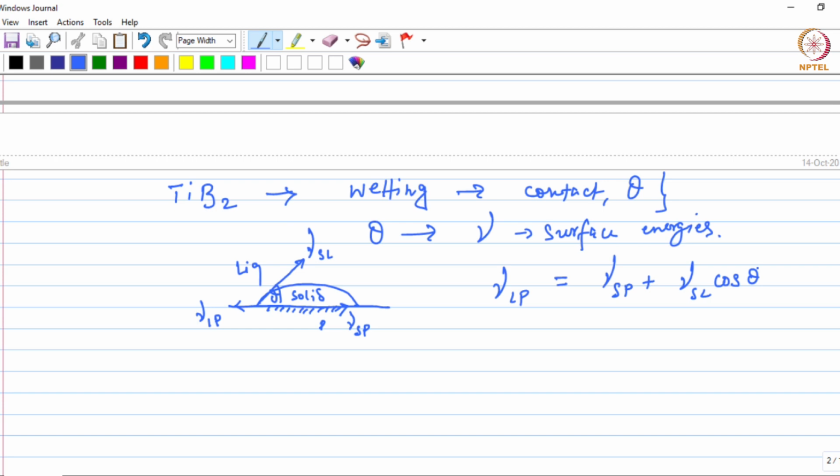So from here you can see that a low gamma LP is not good for wetting. And therefore a particle surface which provides a low gamma LP will not act as a good nucleating surface. Okay, so in case of TiB2, this gamma LP is low.